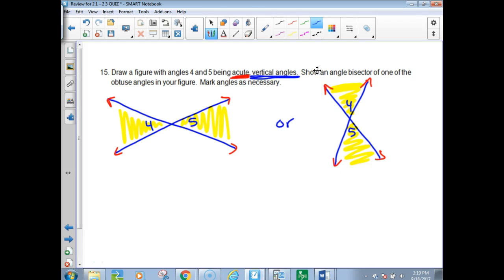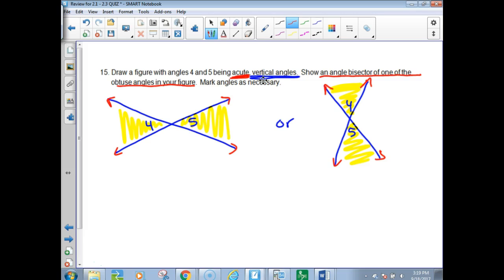Now, the second part says, show an angle bisector of one of the obtuse angles in your figure. What's an angle bisector do? Brianna, you're really quiet today. What does that mean? Okay, so that's obtuse and that one's obtuse.